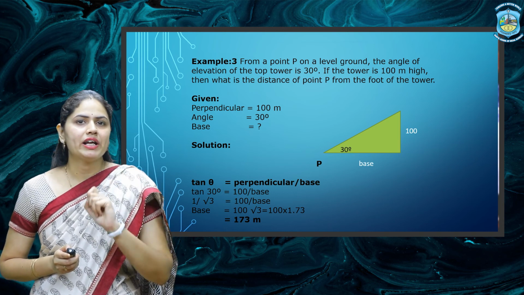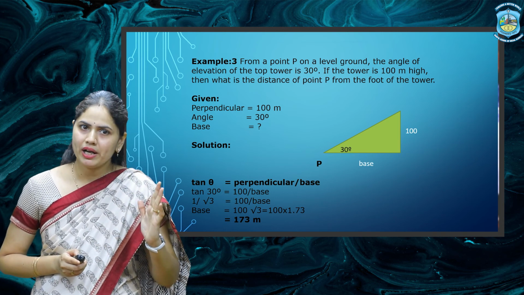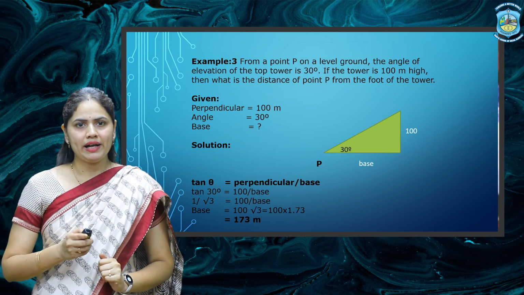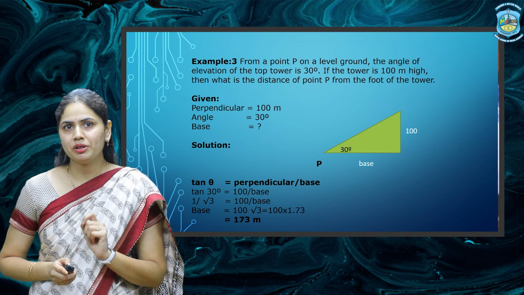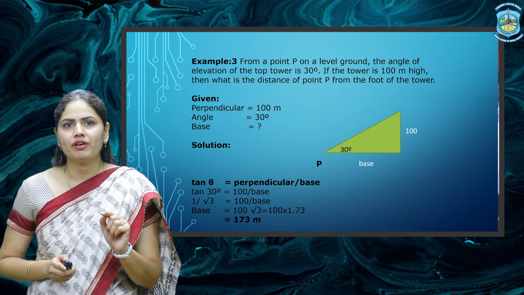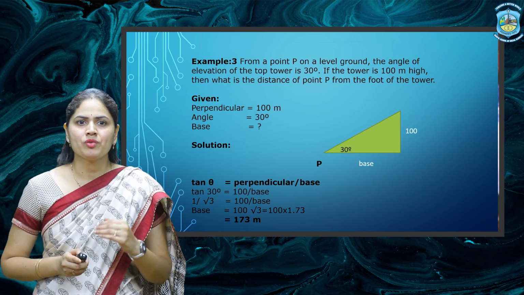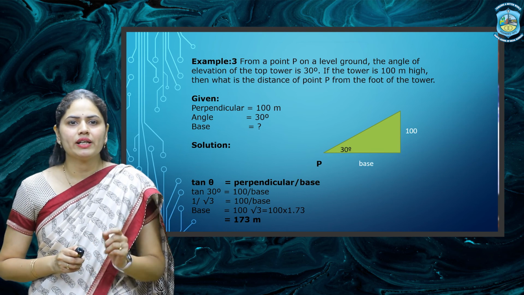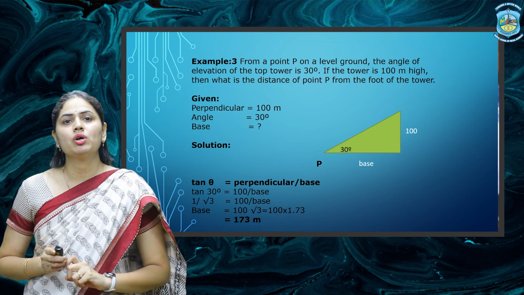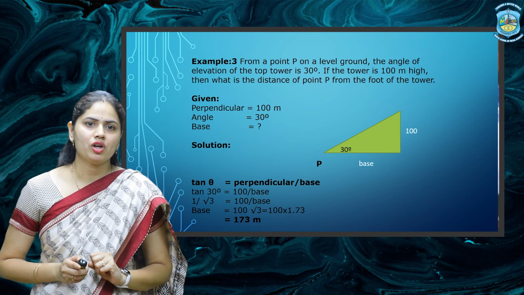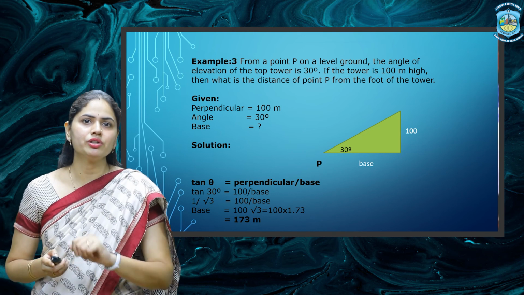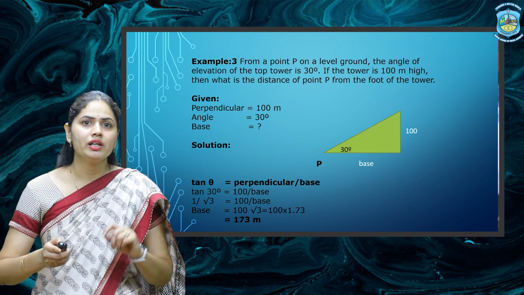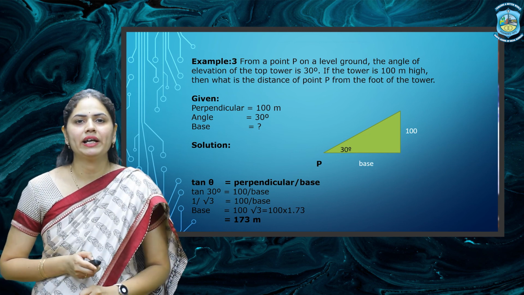The value of tan 30 degree is 1 by root 3, which is equal to 100 upon base, because the base is not defined and we need to find it. When you solve this, you will get base is equal to 100 root 3, which is about 173 meter when you substitute the value of root 3.